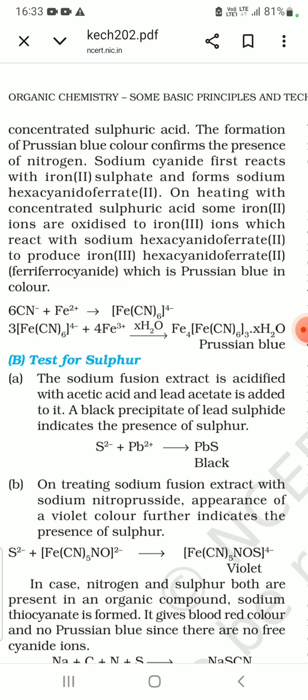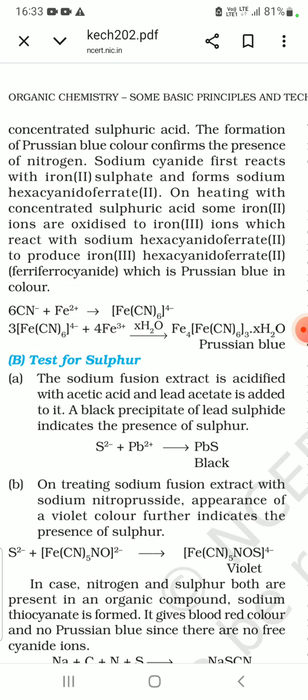If both nitrogen and sulfur are present in the organic compound, sodium thiocyanate is formed. It gives a blood red color and no Prussian blue, since there are no free cyanide ions. The reaction is Na plus C plus N plus S forming NaSCN.